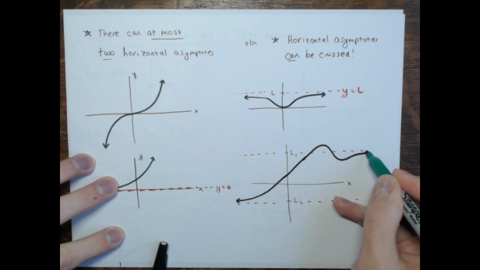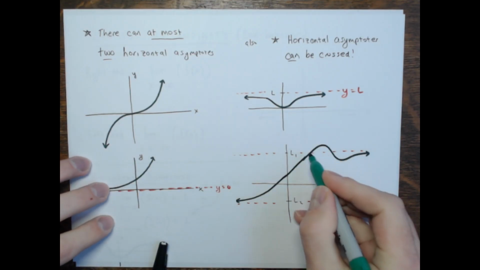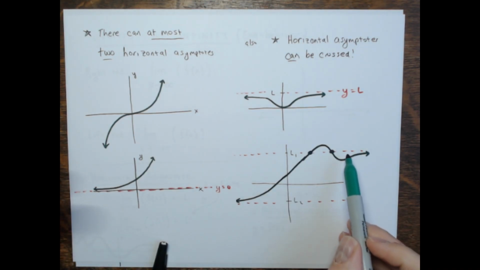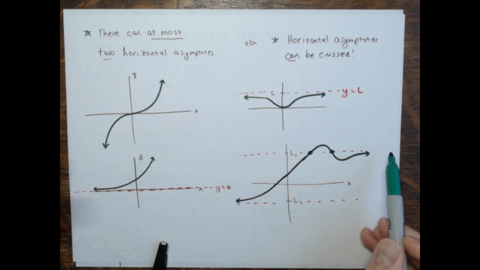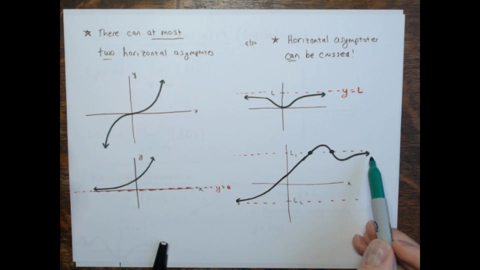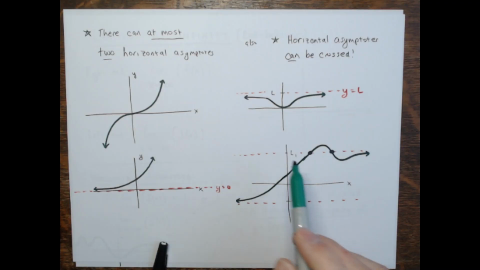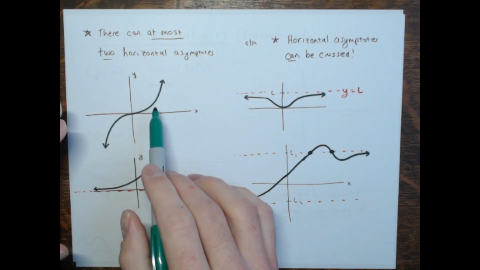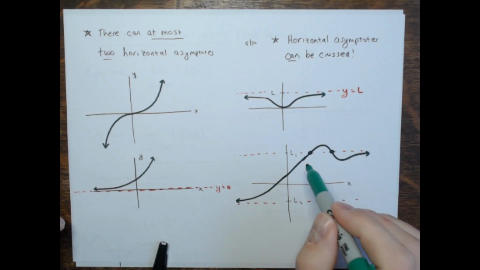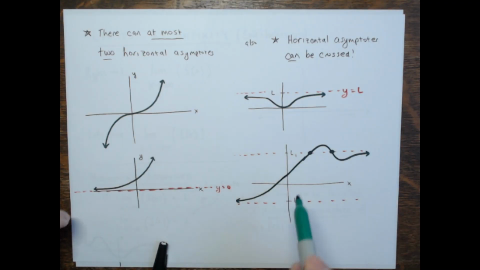Right, so maybe it's doing that, but still, you can cross these horizontal asymptotes. What's important though is as you go to the far right, the distance between the graph and the line shrinks. Right? So again, no horizontal asymptotes, you can have one on just one end or one on both ends, or a different one on both ends, but no more than two horizontal asymptotes, and they can be crossed.